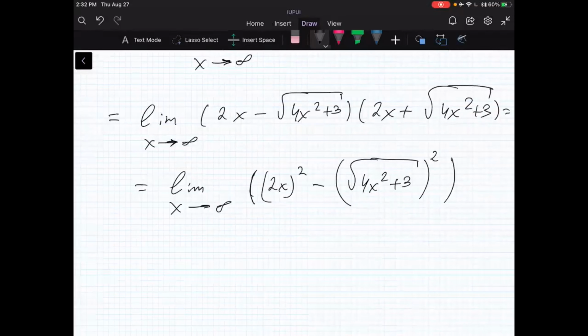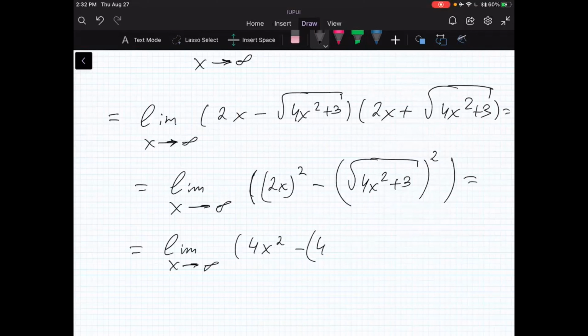Now you see why we use this trick, because now I have a square root and it's squared, so I get the limit when x goes to infinity of 4x squared minus 4x squared plus 3. And I see some cancellations, and the final answer will be minus 3.